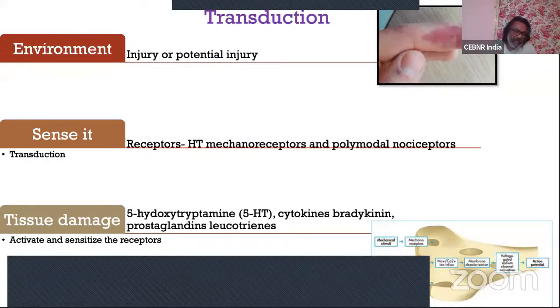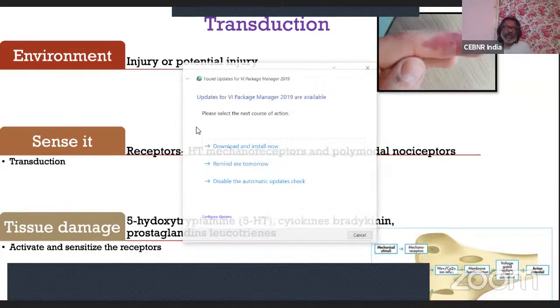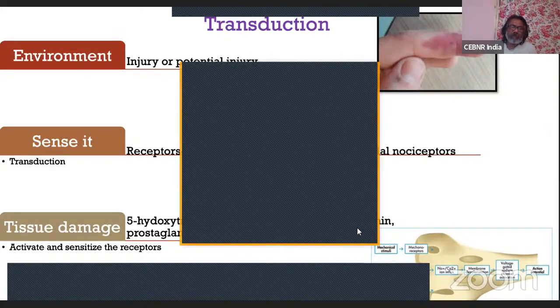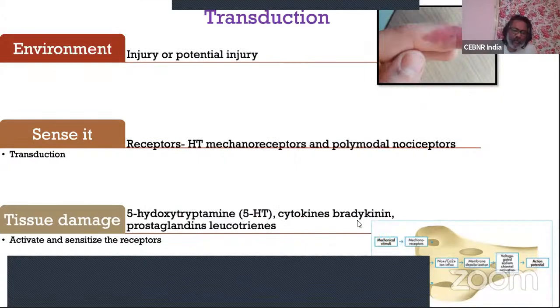Most of the chemicals we will be talking about are 5-HT and cytokines. You might have been hearing about cytokines in COVID also.